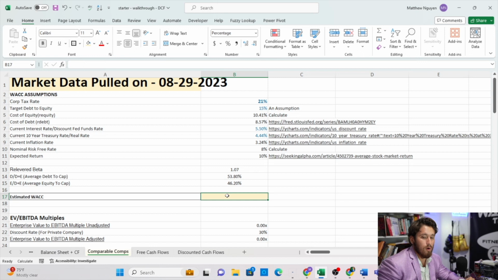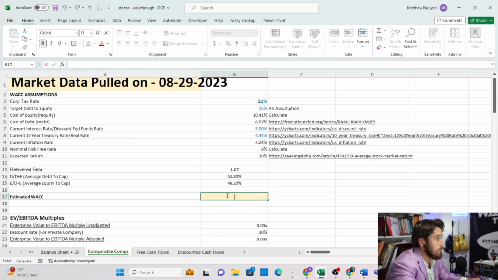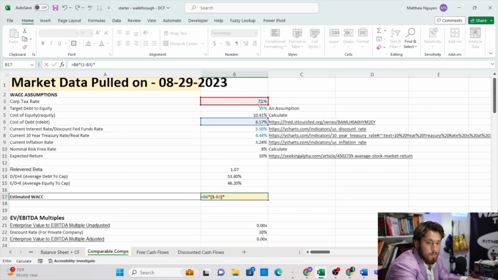And now we can solve for our WACC. In order to get our WACC, we're going to take the cost of debt, using an assumption from the cost of borrowing from the Federal Reserve, and multiply that by 1 minus the tax rate. Then we multiply this by the weighted debt, and add this to the cost of equity times the weight of the equity.